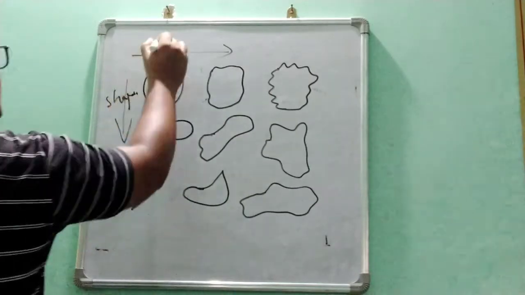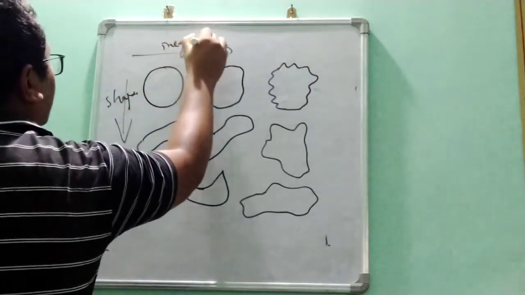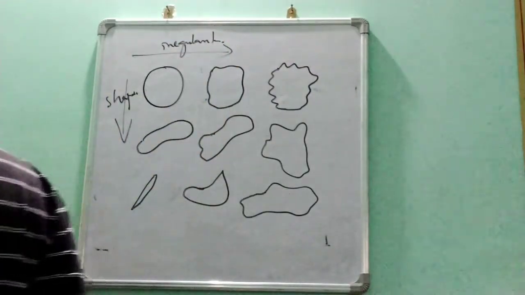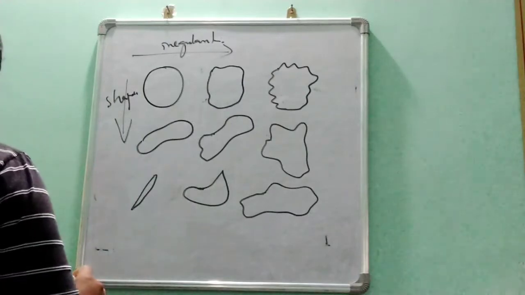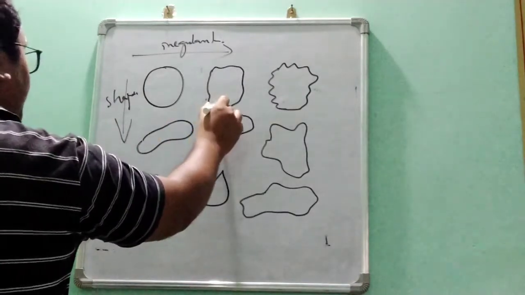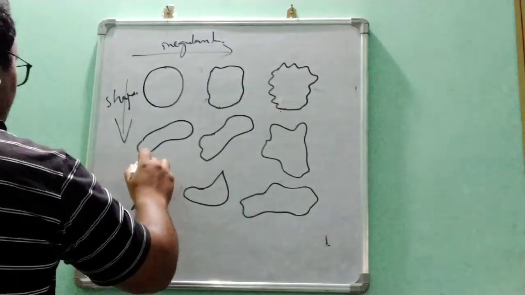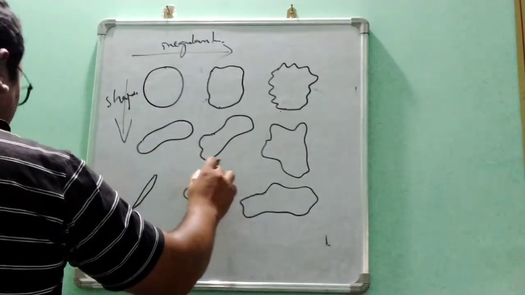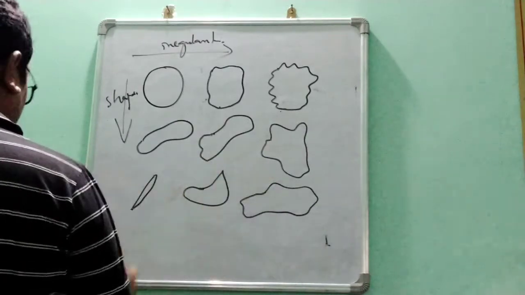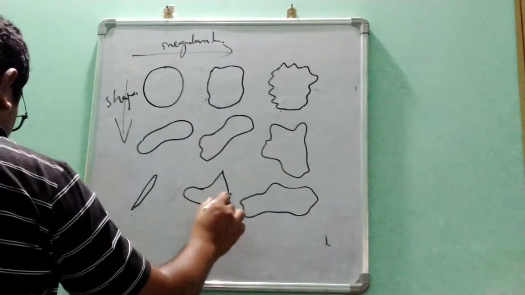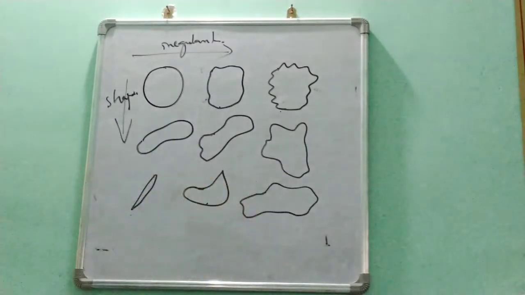So the first one is spherical, then spherical rough, then spherical irregular, then rounded, angular, elongated regular, acicular, angular and dendritic. So we see these different types of particle shapes.